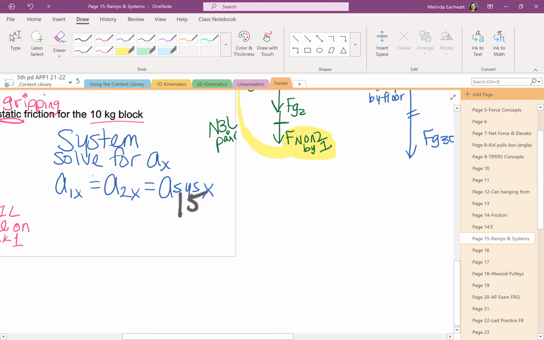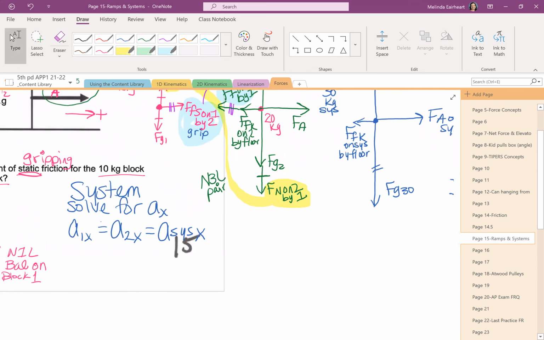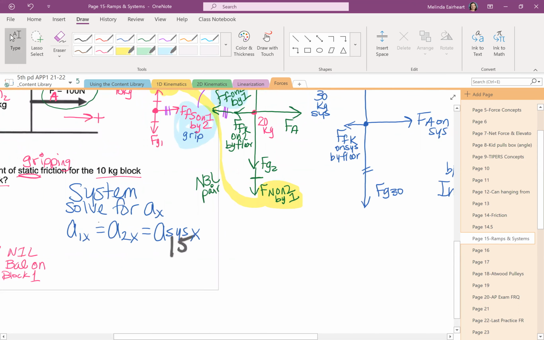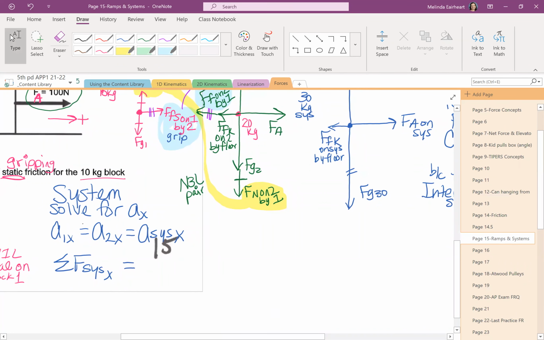Okay. And so looking at our system diagram, just in the horizontal, let's write an Fnet statement for the system. And so what would our Fnet statement for the system be? Look at your blue diagram. Look at the horizontals. We pull to the right.